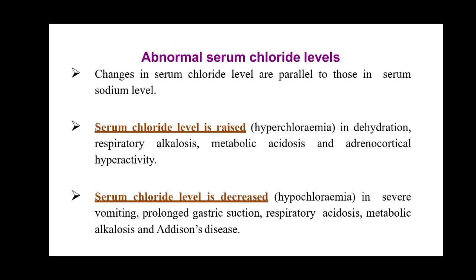So when serum chloride level is raised, it's also called hyperchloremia. In dehydration, respiratory alkalosis, metabolic acidosis, and adrenocortical hyperactivity, there will be an increase in chloride level. And in hypochloremia, that is, serum chloride level is decreased, as in severe vomiting, prolonged gastric suction, respiratory acidosis, metabolic alkalosis, and Addison's disease.